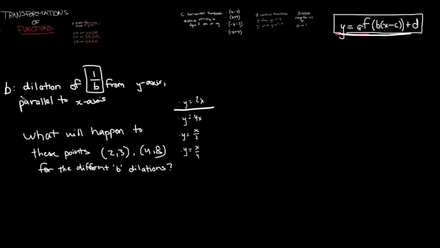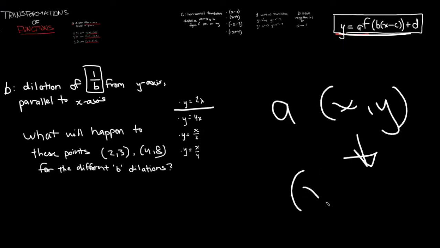So b is the dilation of 1 over b from y-axis and parallel to the x-axis. Now, as we have learned that when a was parallel to the y-axis, it caused the coordinates, sorry, not the graph, the coordinates of x and y to be changed to x and then a times y.